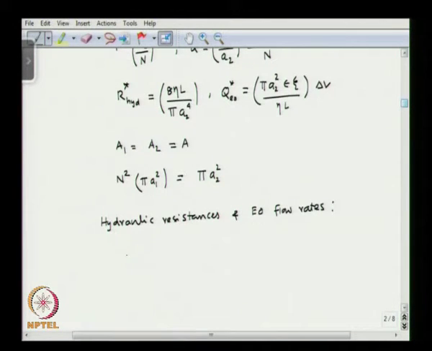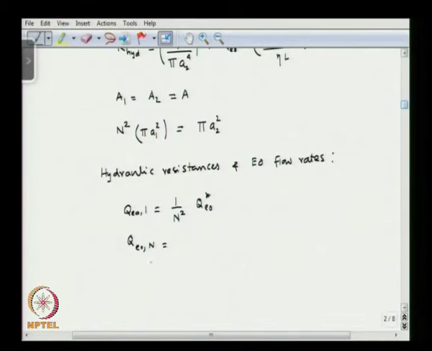We can say Q electroosmotic 1 equal to 1 over n square into Q EO star, and Q electroosmotic n, where the subscript n refers to n square parallel channels.